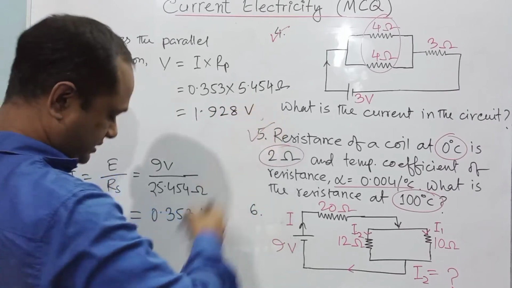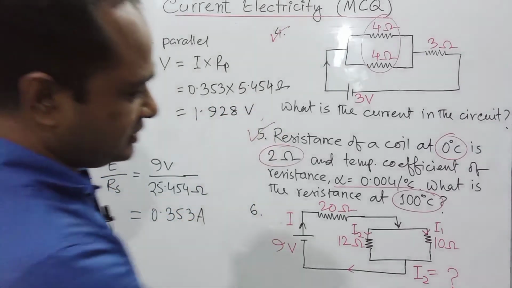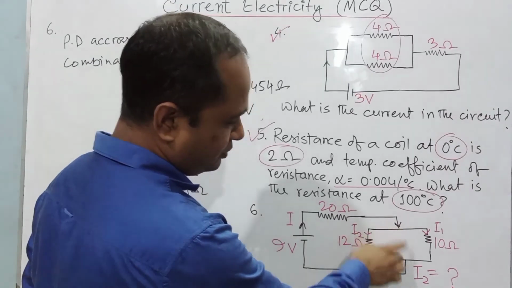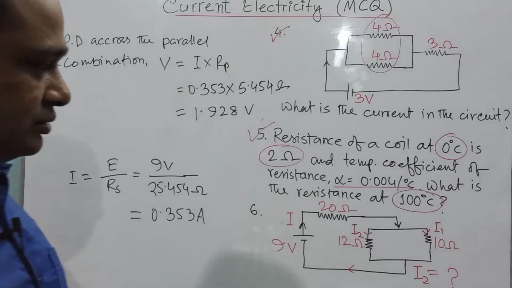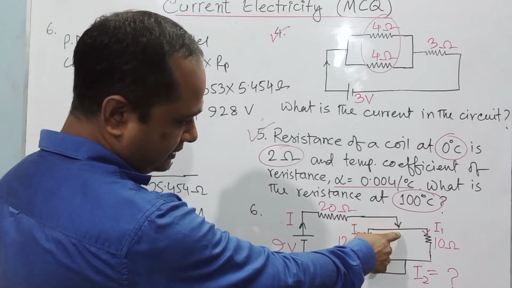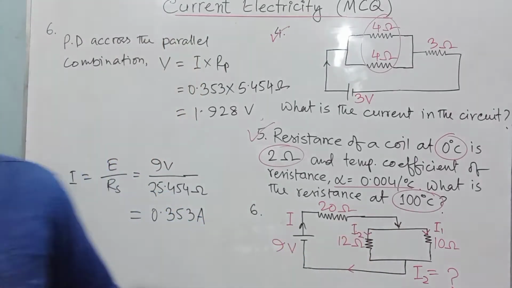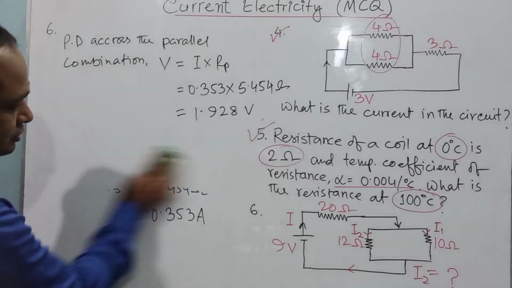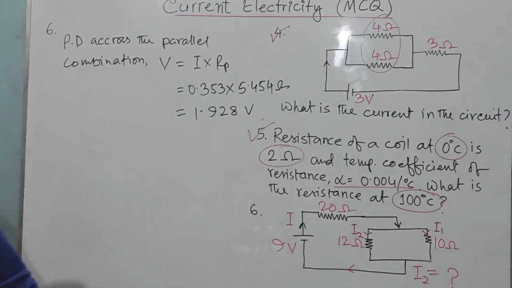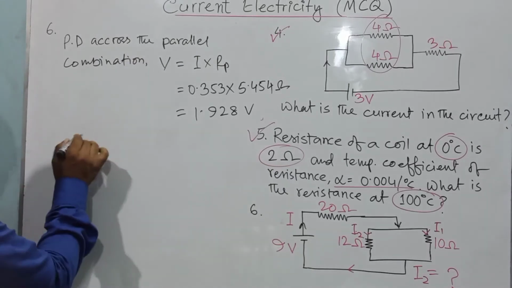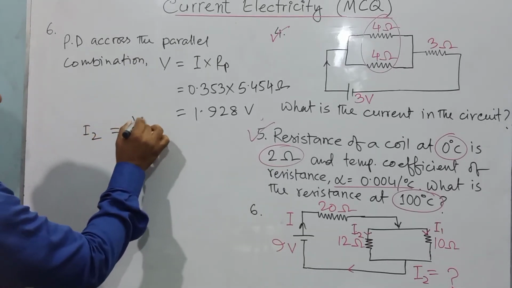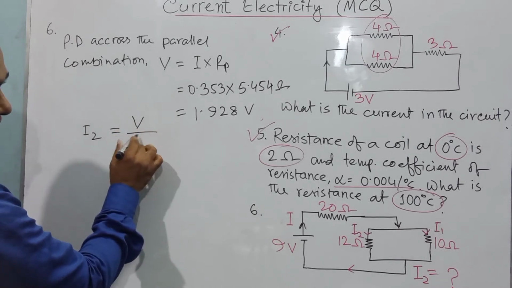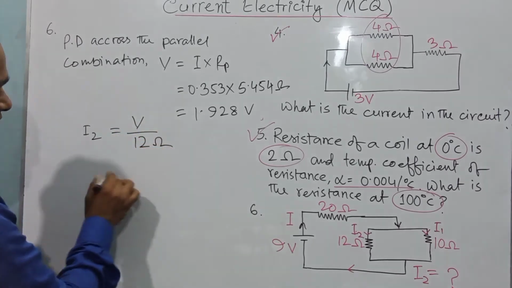1.928 volt, right? So potential difference between this point and this point is 1.928 volt. Now we can calculate the branch current passing through this resistance. So the current, which is denoted by I2, is equal to V divided by 12 ohm, right?